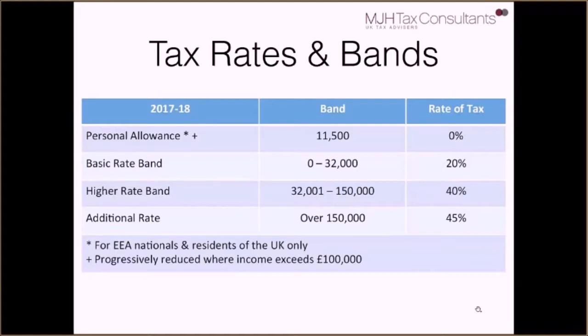So, for example, a South African national living and resident in South Africa will be entitled to personal allowances. Conversely, a South African living maybe in Hong Kong or Singapore would not. So it's a common question, and the answer to whether you're entitled to allowances if you're not a European Economic Area national will depend on the country in which you are resident and your nationality.